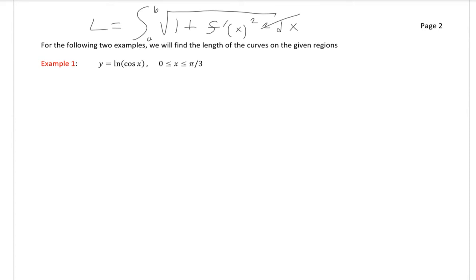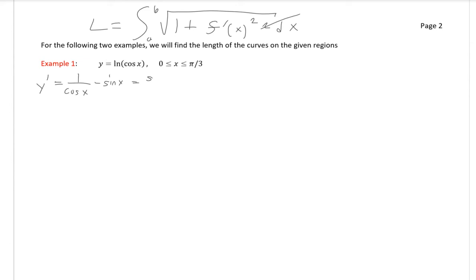So that means we need to find the derivative of y, or f of x, and square that. So y prime, or f prime of x, is going to be the derivative of natural log of cosine of x by the chain rule. We'll have 1 over cosine of x, that would be the derivative of natural log, but then by the chain rule we take the derivative of the inside as well, which is negative sine of x.